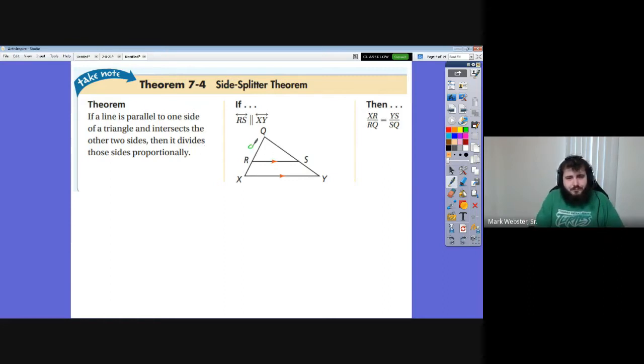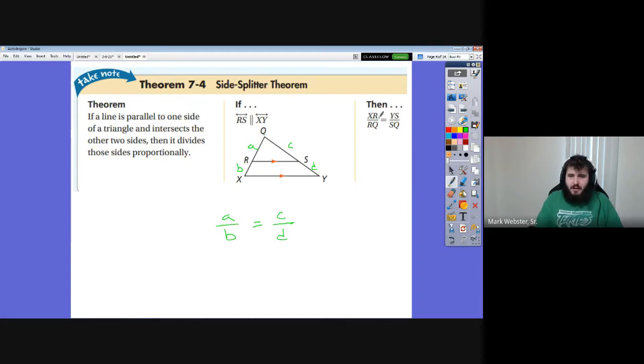So I personally like to do it like this. I like to go top over bottom equals top over bottom. Basically, just look at the picture, put fraction bars through that one line, and then an equal sign in the middle. That way, you don't have to think so hard. So that, knowing the way that I think, I go like this.